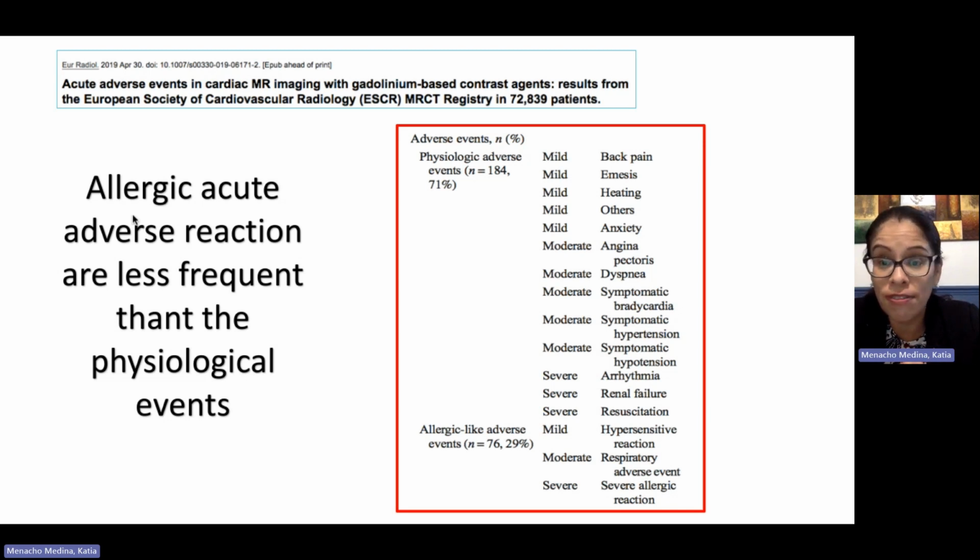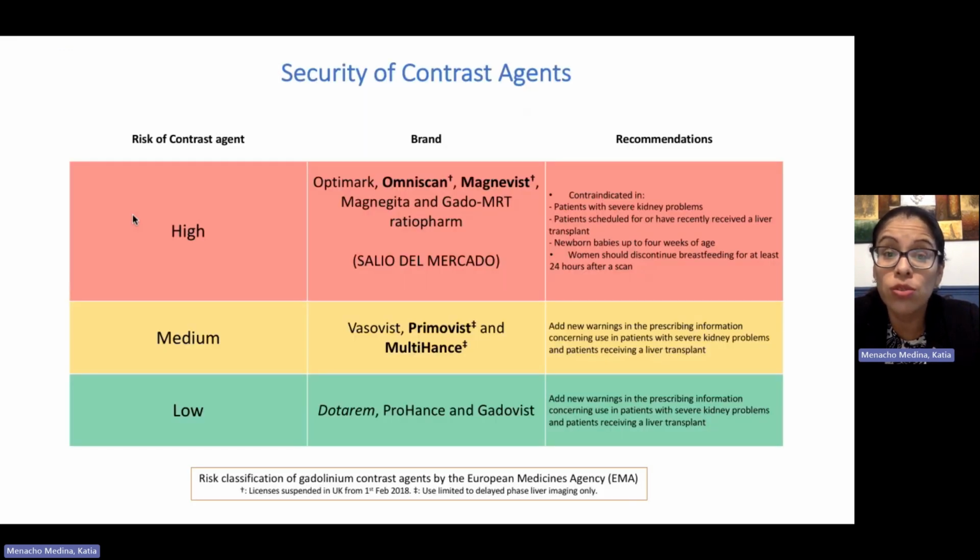Physiological reactions are very uncommon, divided into mild, moderate, and severe, including back pain, feeling sick, a hot heating sensation, anxiety, etc. The allergic reactions were more commonly reported, and can also be divided into mild, moderate, or severe, and are usually related to hypersensitivity reaction up to severe allergic reaction.